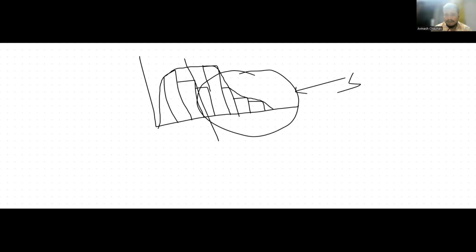It is not symmetrical in shape. Somewhere or the other, my data is skewed.